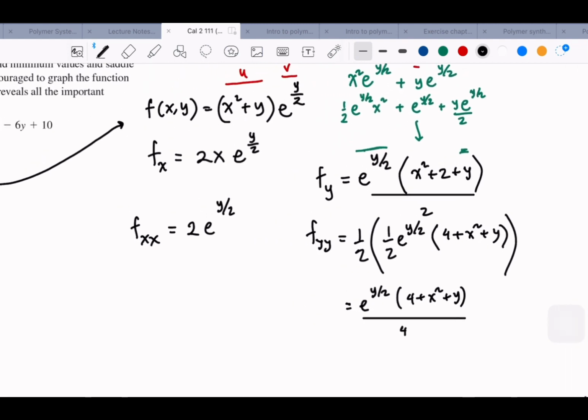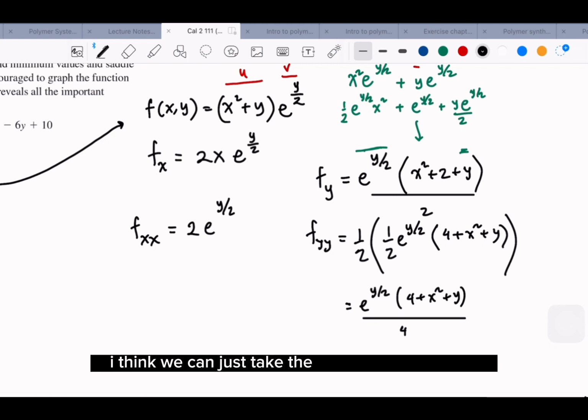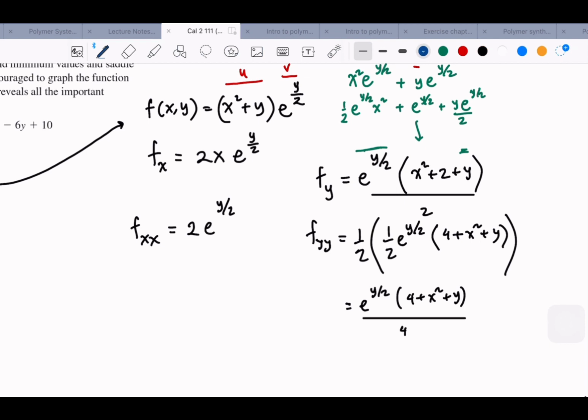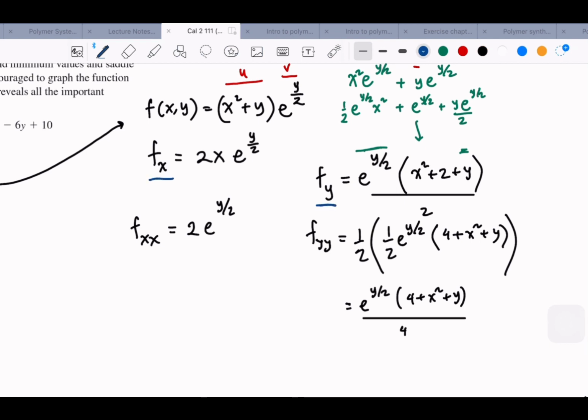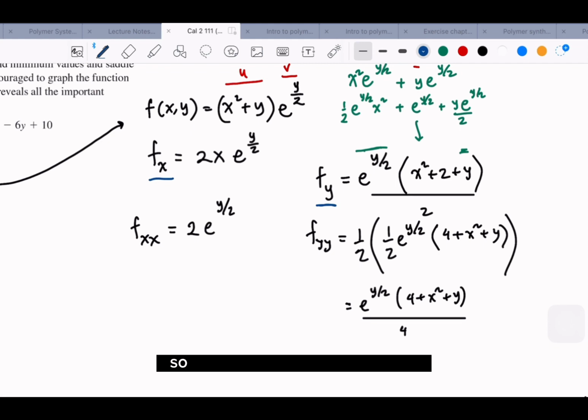And then also I think we could just state the critical points directly. Right? So from the partial x and partial y. So taking the partial x or partial y, taking it equal to 0.